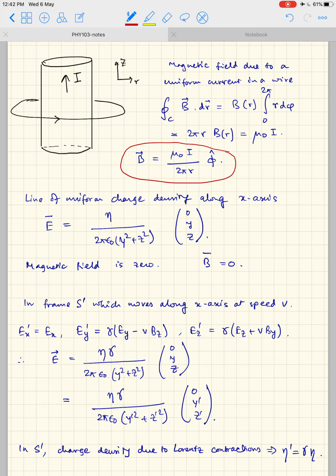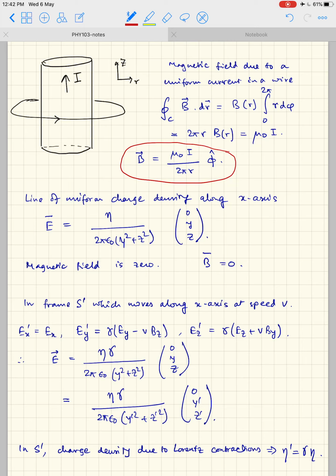So the distance r was now given by r squared equals y squared plus z squared, and this is because we have placed the wire along the x-axis. Excuse my constant mistakes on this, please. The magnetic field here is 0 because nothing is moving.